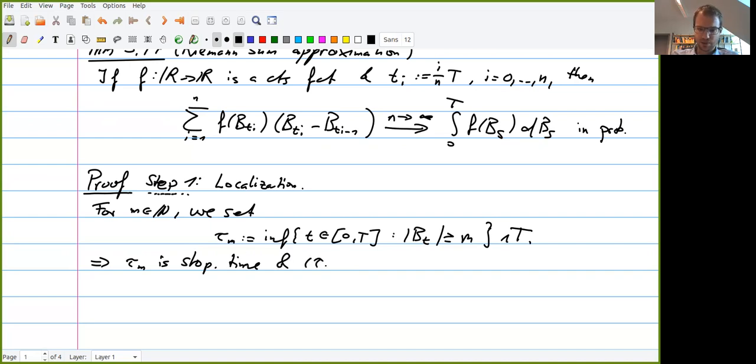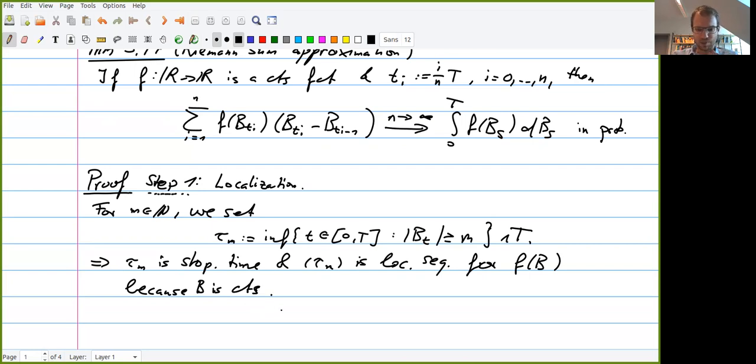And if you look at the sequence, this is a localizing sequence for P_M, because the Brownian motion is continuous.